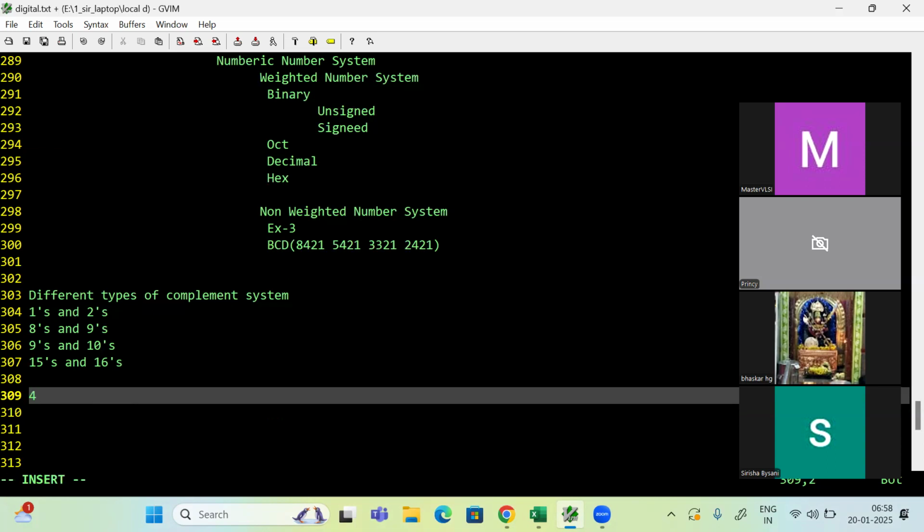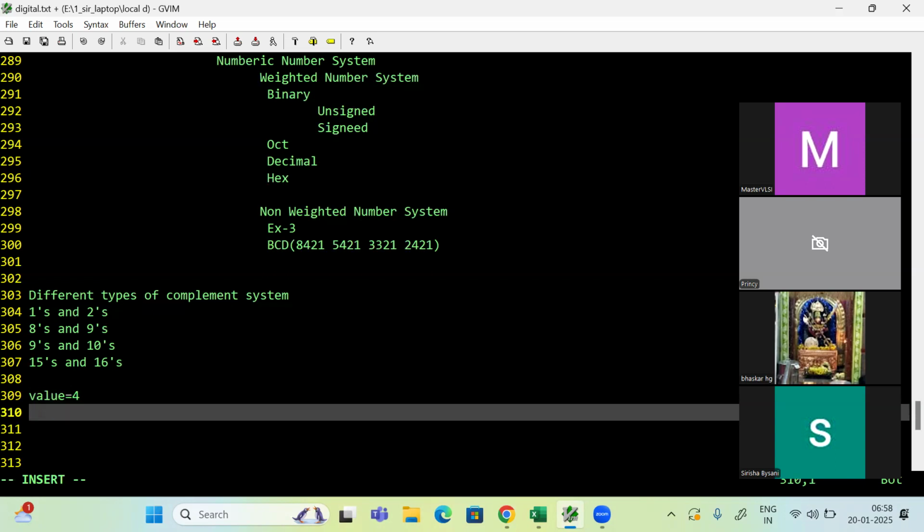For example, the value is 4, I'll give you. It's one's complement and two's complement. Okay, 0... What do you call this?